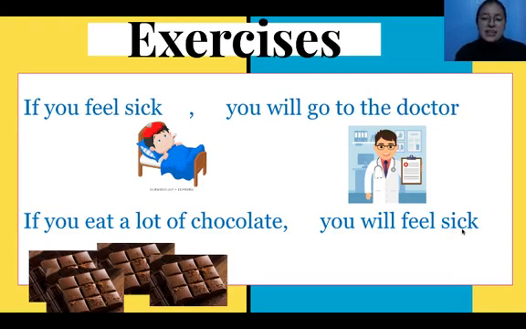Okay, this is a result. In the first conditional, don't forget, you have to use if in the condition in present simple and comma, the next sentence is in future with will, or won't in negative, and don't forget the comma, ¿ok?